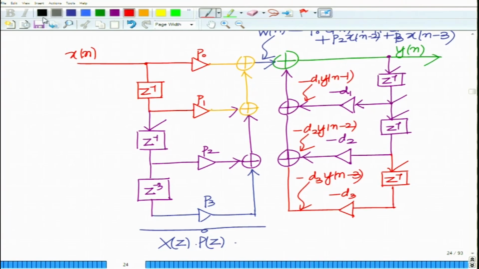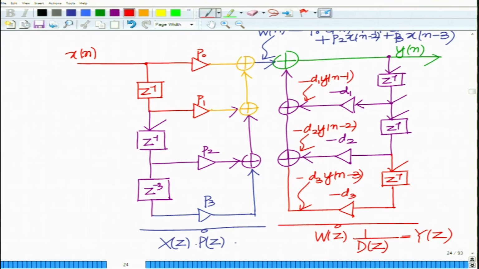So, basically now this part represents your W(z) into 1 over D(z) equals Y(z). Okay. So, you have implemented it as a cascade of two systems, into P(z) into 1 over D(z).